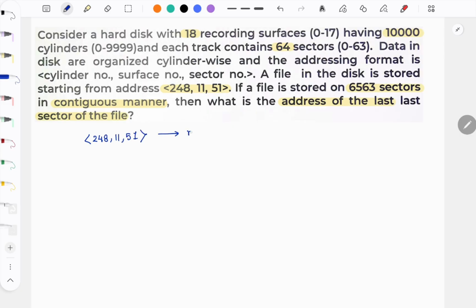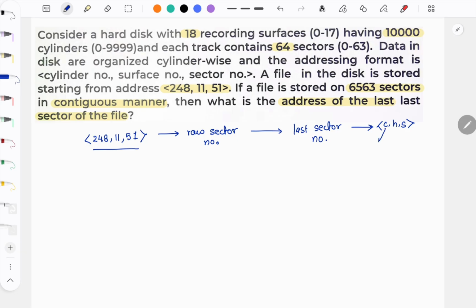We get the raw sector number, meaning the box number from which we have started storing this file, which is of 6563 sectors, and we have to find the last sector number only. But in this case we will get the last sector number and then again convert it back into this kind of format, CHS.